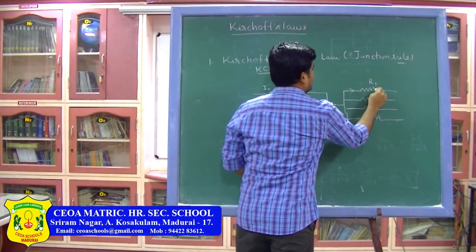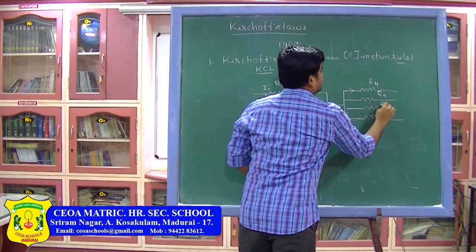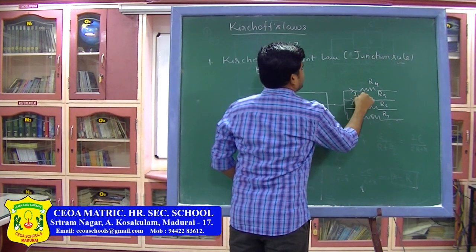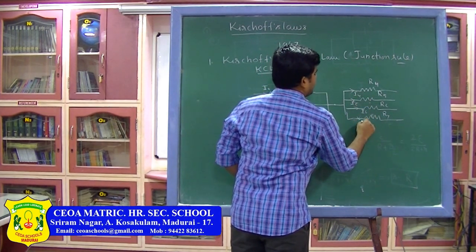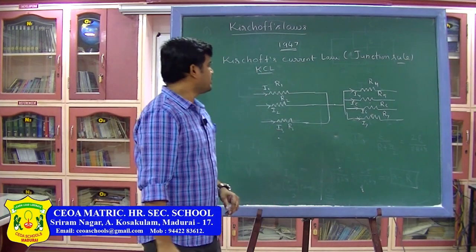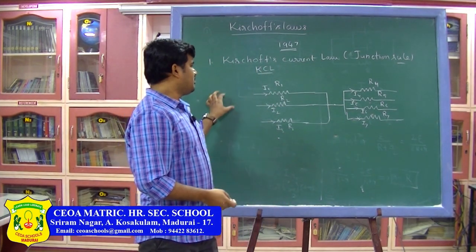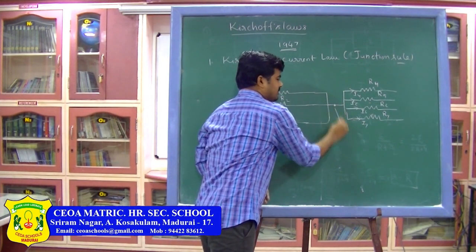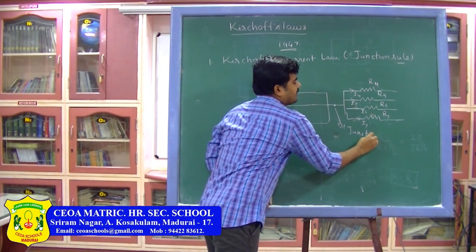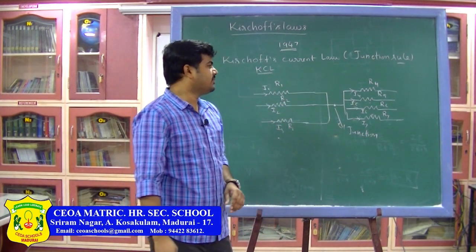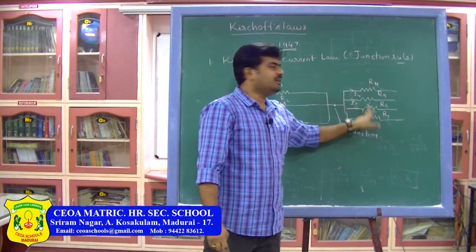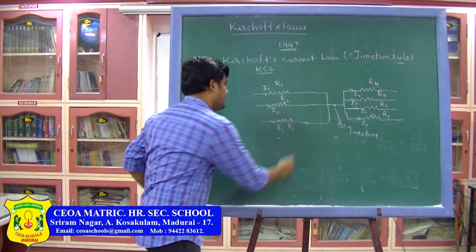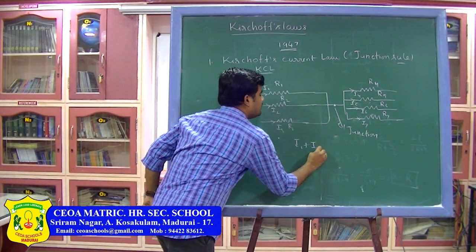Say this is R4, R5, R6 and R7, and their currents are I4, I5, I6, I7 respectively. So, like this there are 4 currents. According to Kirchhoff's current law, the sum of electrical currents approaching the junction must always be equal to the sum of currents leaving the junction. Here there are 3 currents entering the junction, that are I1 plus I2 plus I3.